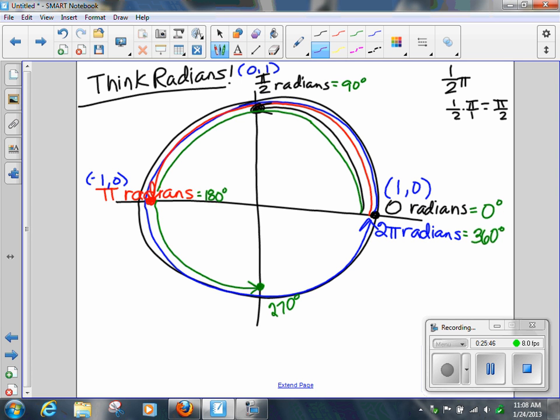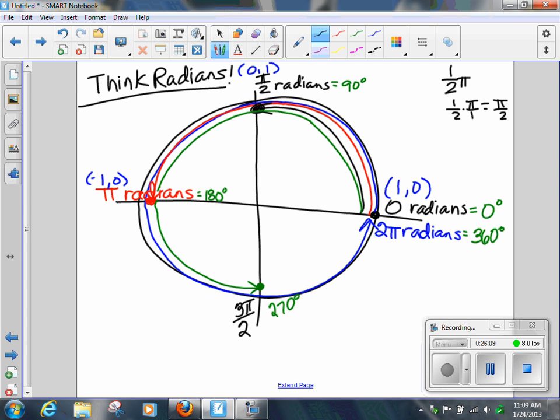How am I going to write that? 3 pi over 2. You've got to think in terms of fractions. No, we're not there on the pi over 4 angles yet. All we're dealing with, that's 3 pi over 2.